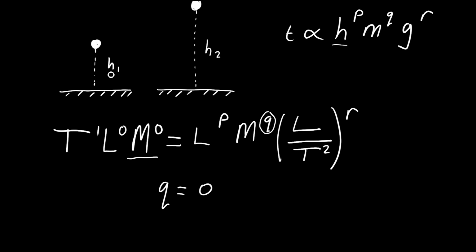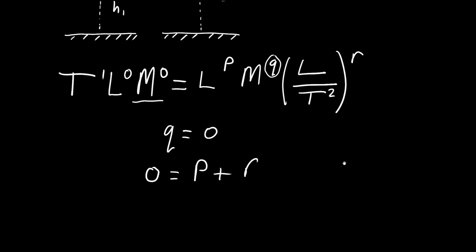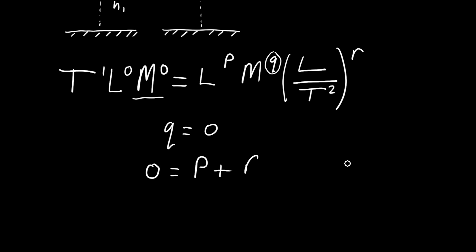On the left-hand side, we've also got a length to the power of 0. So we've got a value of 0, which is equal to a power of p plus a power of r. And we have 1 power of t on the left-hand side.